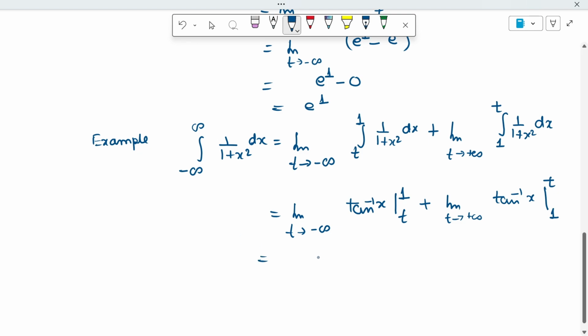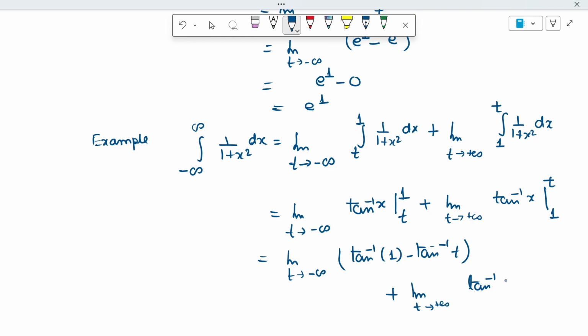So this will be limit t tends to minus infinity, tan inverse 1 minus tan inverse t. So now another part is plus limit t tends to plus infinity, tan inverse t, because higher limit is t, and minus tan inverse 1, lower limit is 1.